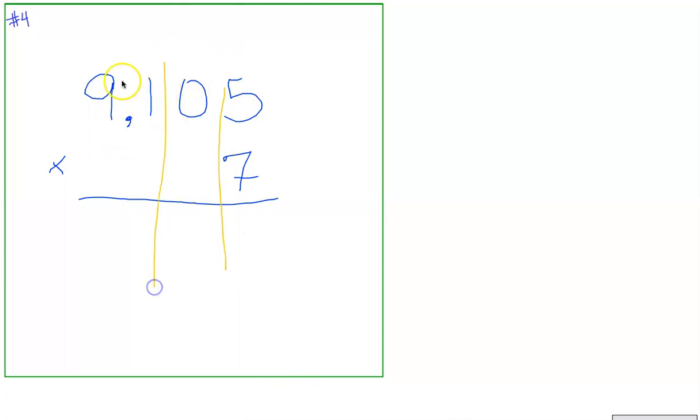Okay, one more problem we're going to do together. 9,105 times 7. All right, let's start right here. 5 times 7 is 35. So, we just write 35 like this. The 3 is more towards the left and the 5 is towards the right. 35.